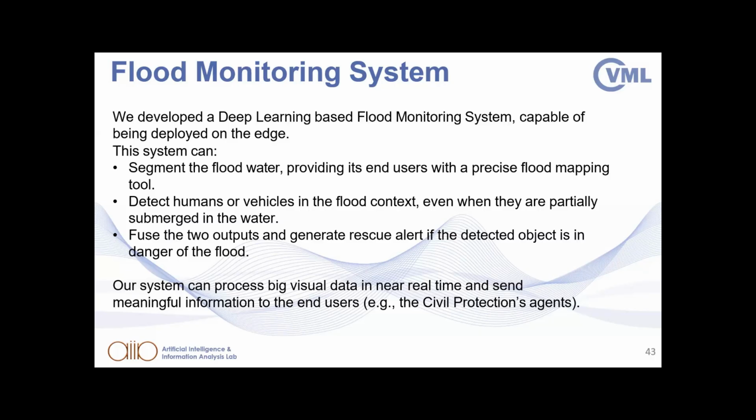And the third part is the integrated alerts, which combines flood mapping and object detection results and generates real-time rescue alerts for civil protection agents and other emergency responders, and prioritizes areas where lives or vehicles are at risk.